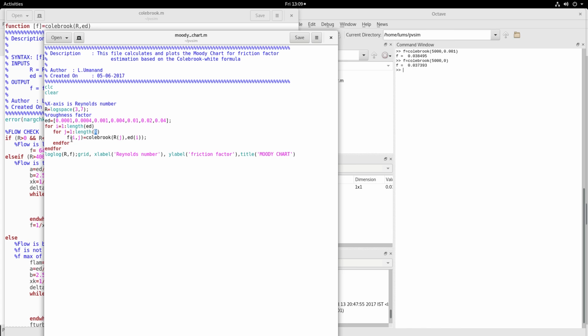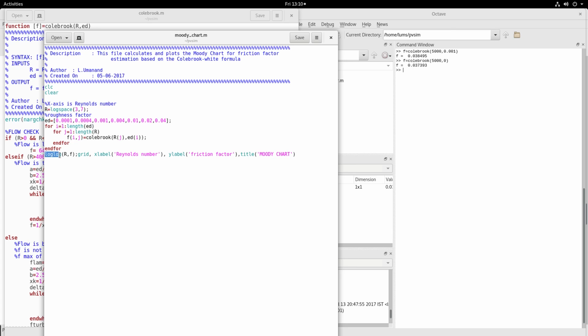And after that, within the innermost loop, you call the Colebrook function with the value of Reynolds number updated every time for a given roughness ratio, and then you will get an output where F is a matrix. You will have one row for every value of roughness ratio, and then plot.